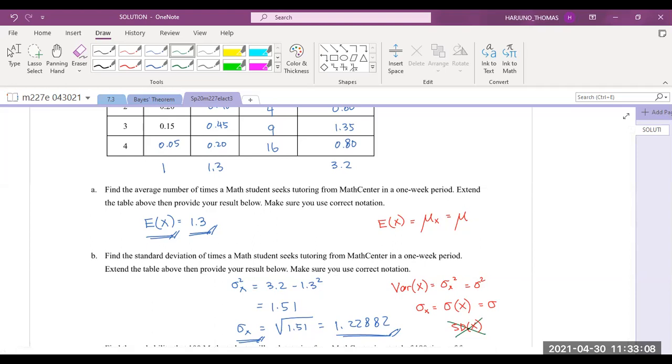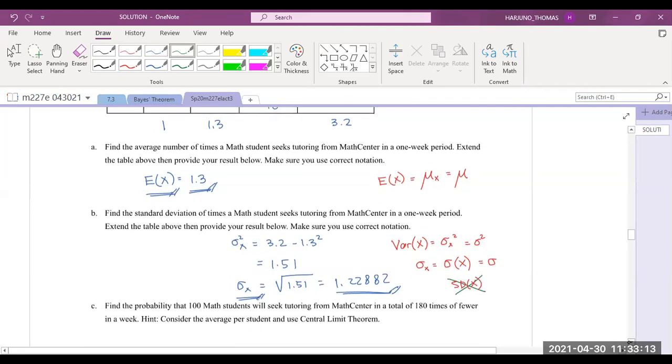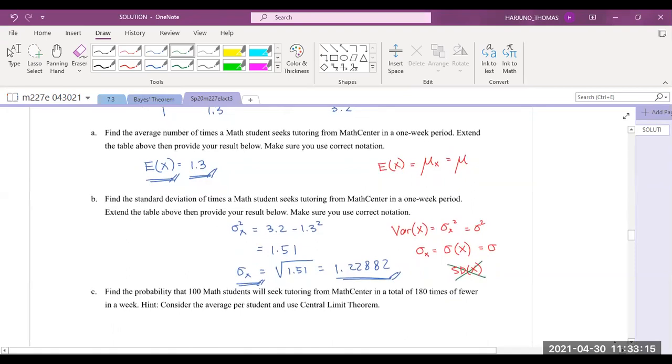Now, part C. Find the probability that 100 math students will seek tutoring from Math Center in a total of 180 times or fewer in a week.